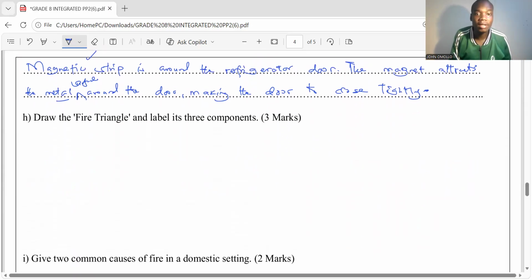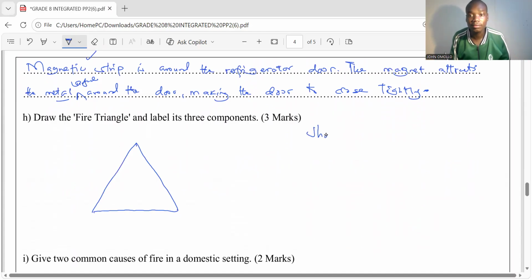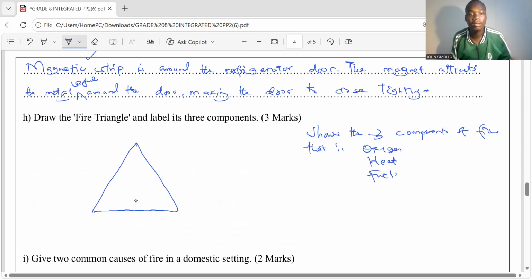Draw a fire triangle and label its 3 components. So you're going to have a fire triangle that looks like this. Now, a fire triangle will always show the 3 components of fire. That is oxygen, heat, and fuel. Those are the 3 components of fire.